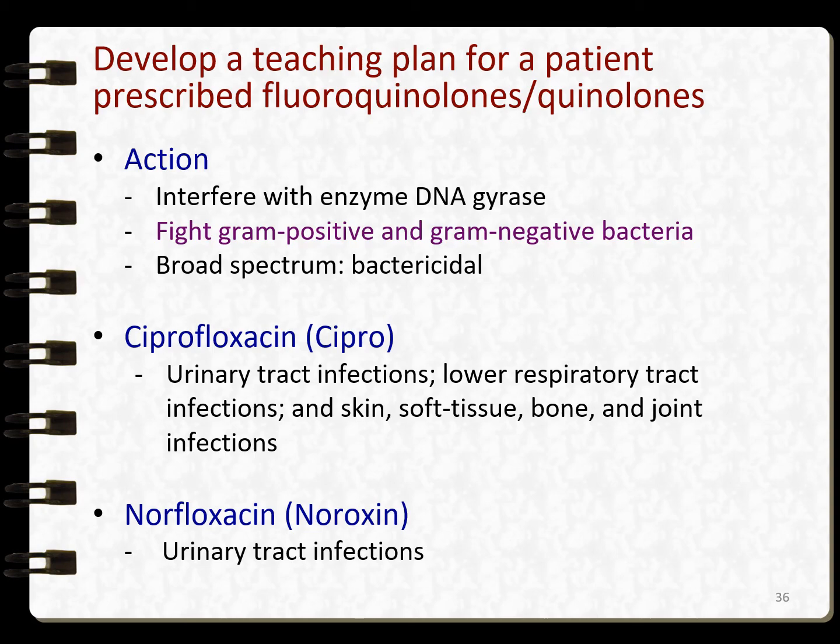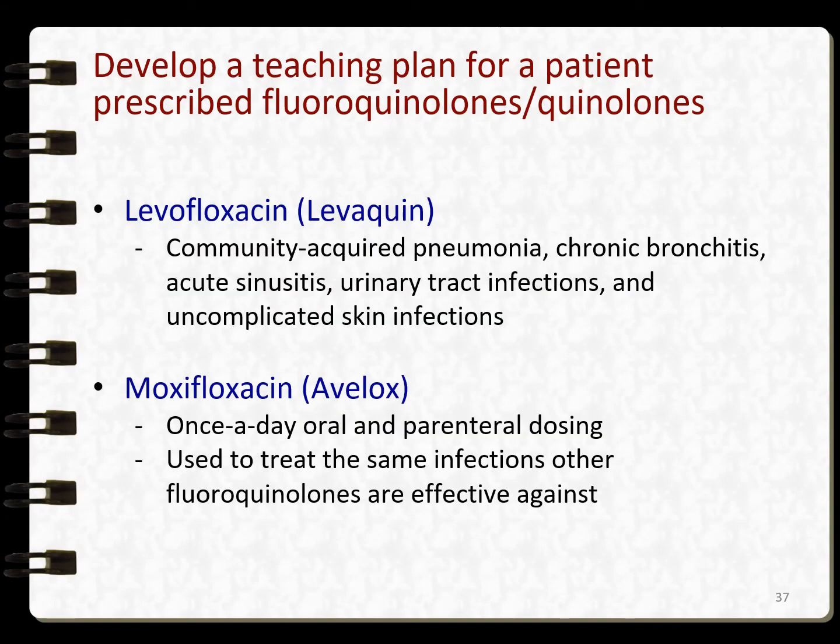Noroxin treats urinary tract infections. Levaquin, community-acquired pneumonia, chronic bronchitis, acute sinusitis, urinary tract infections, and uncomplicated skin infections. Avelox, once a day oral and parenteral dosing. It's used to treat the same infections other fluoroquinolones are effective against.